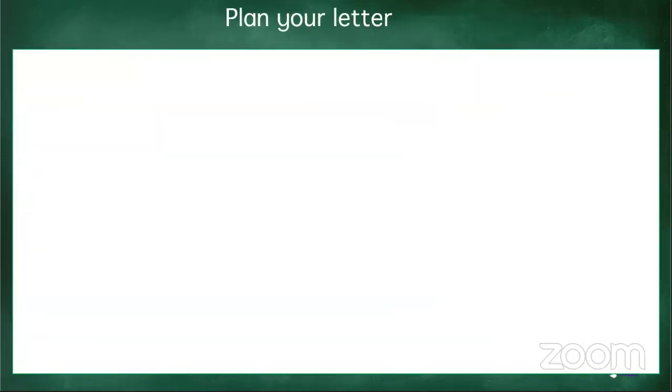So let's plan the letter first. Have you got an empty page in front of you? Good. So on your empty page, we're going to do kind of a mind map. So in the middle of your page, decide who you're going to write to. Is it going to be a friend, an aunt, an uncle, a granny, a grandpa, a pen friend, a cousin?